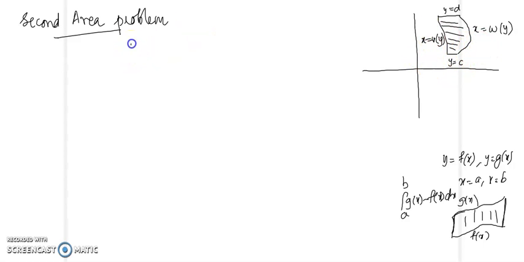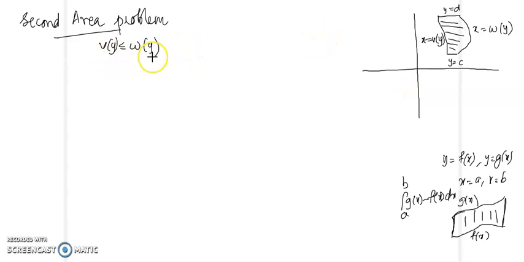Here in the second area problem you will have v of y less than or equal to w of y, so they do not cross each other. The curve w of y will lie to the right of the curve v of y. They can touch at some point but they do not cross.